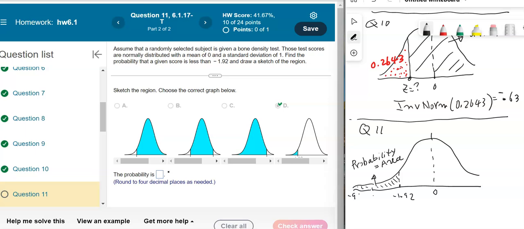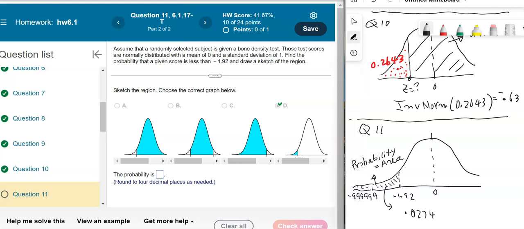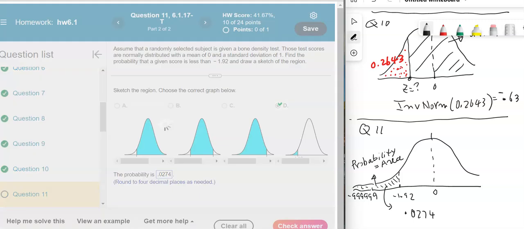Remember, all the way there is negative 999,999, so we use second bars and normal CDF. The smallest number is negative 999,999, and the big number is negative 1.92. That will give the area, 0.0274. The area is rounded to 4 decimals: 0.0274.